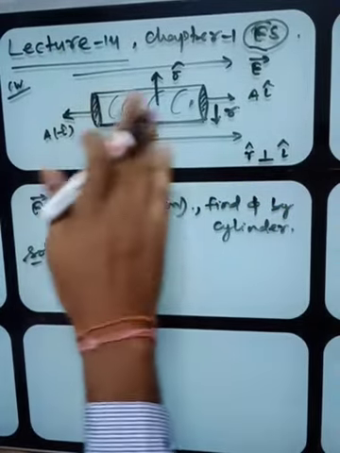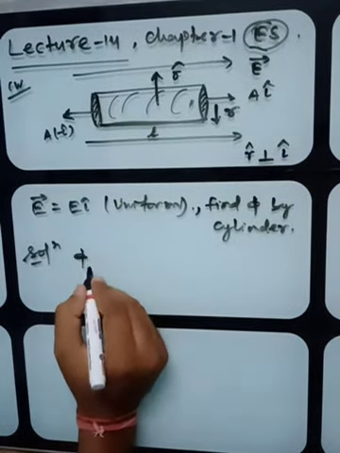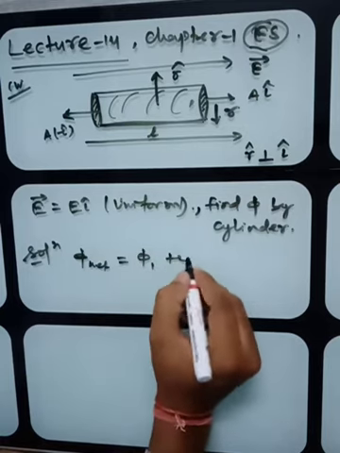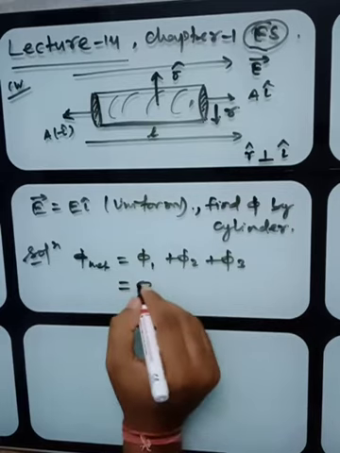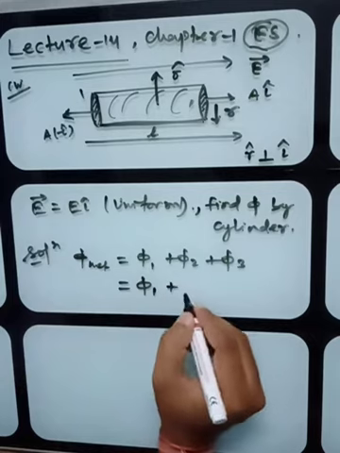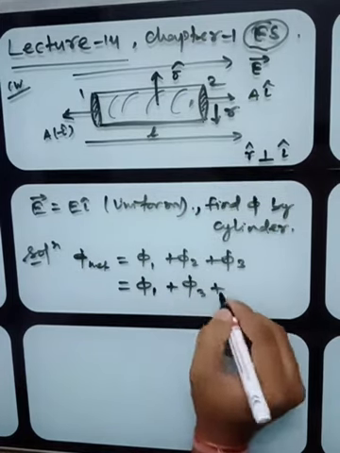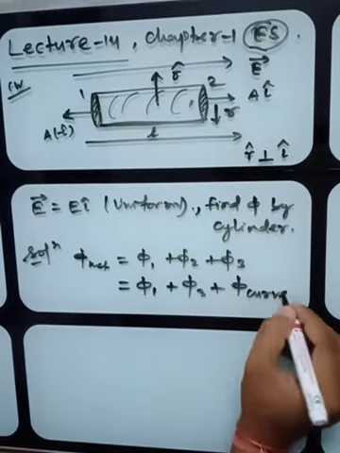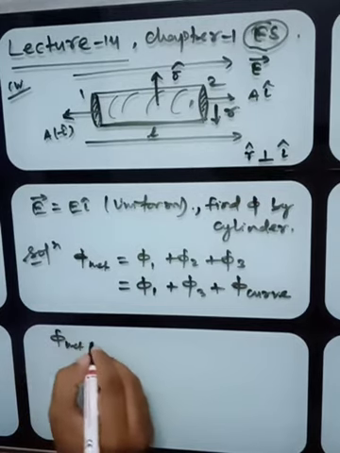Overall, we have only 3 surfaces, and we can write the total net flux phi net as phi 1, phi 2 and phi 3. Phi 1, okay, this is the surface, plus phi 2, okay, this is the surface, and phi 3, this is the curved surface. Now we are going to write the net flux.